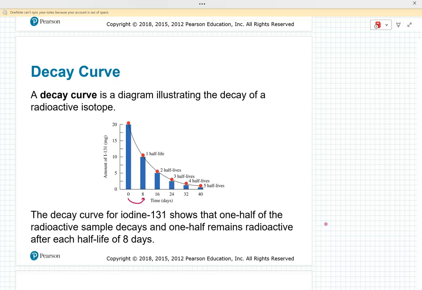It's going to be 8 days on Earth, on Mars, anywhere, as long as the fundamental laws of the universe hold. And you see how it decays. It decays pretty quickly. With a half-life of 8 days, you start with 20 milligrams, and in 40 days you get to a much smaller amount. Does that make sense?